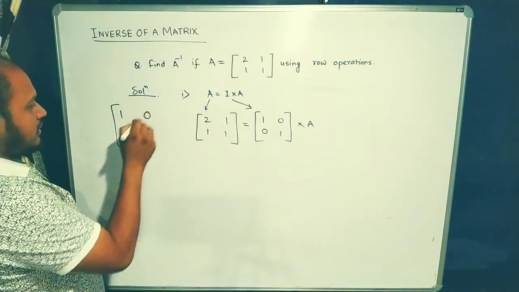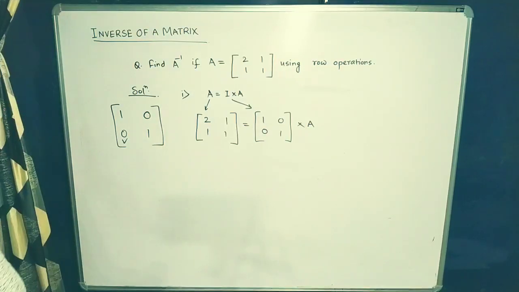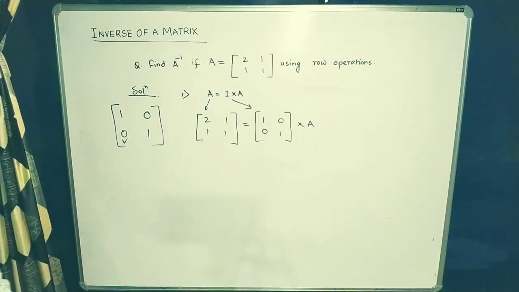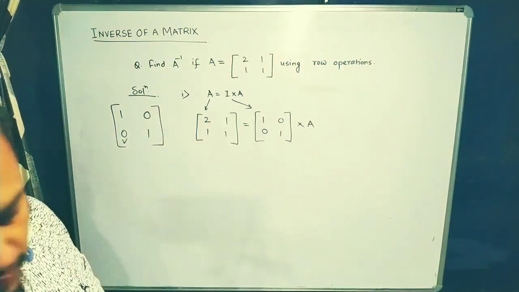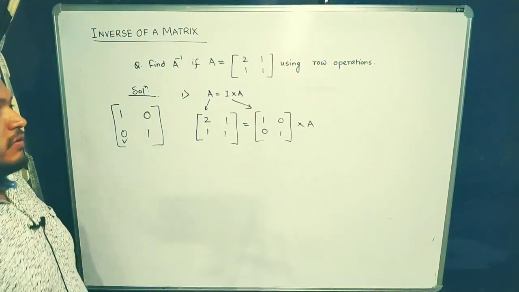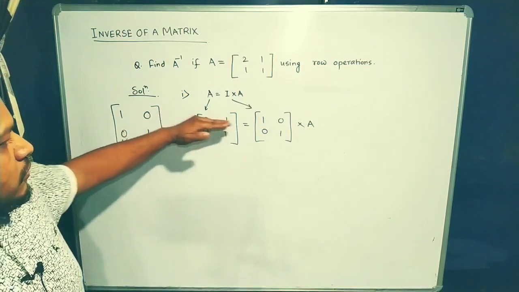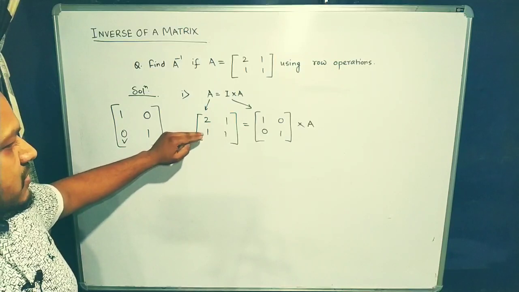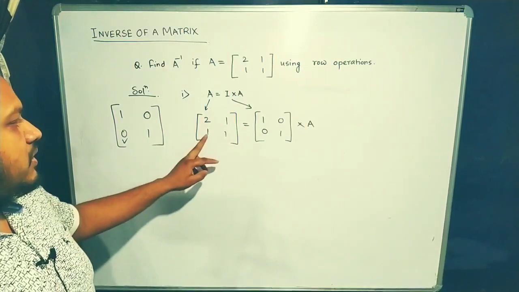We should aim at achieving this matrix. So let us try to make this element 0 in this position. What can we do so that this 1 changes to 0? Think about it. What can we do in this position? Can we divide the first row by half, then subtract the second row from the first row after halving the first row? Will it give a 0 here?